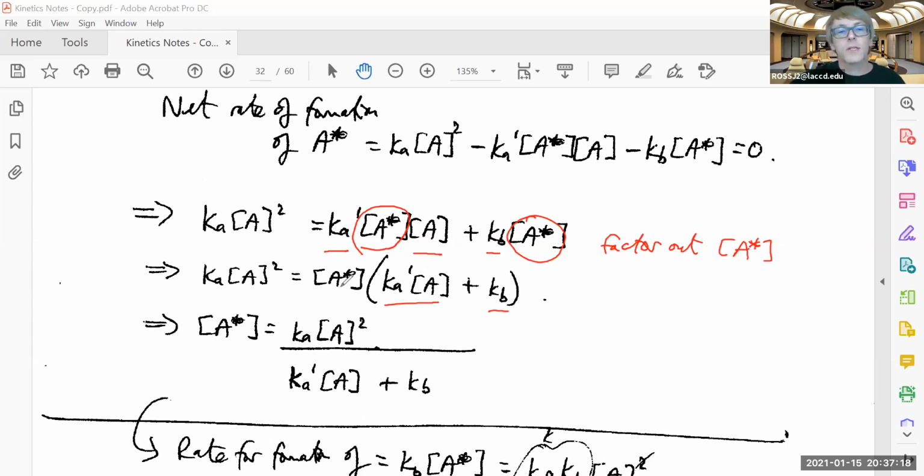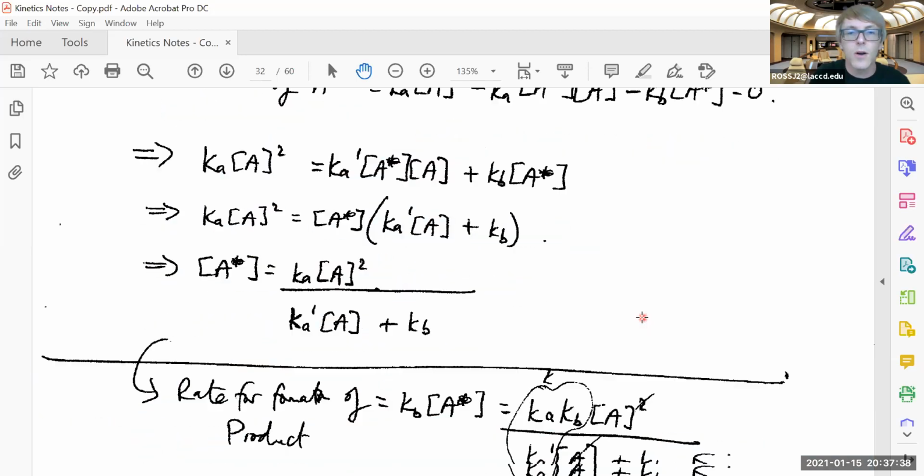Now we can cross multiply to isolate A star, essentially by just dividing both sides by the thing in the parenthesis here, and we get this expression at the bottom as shown. So that's all pretty straightforward.